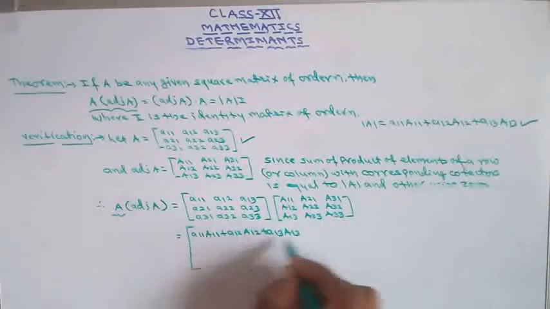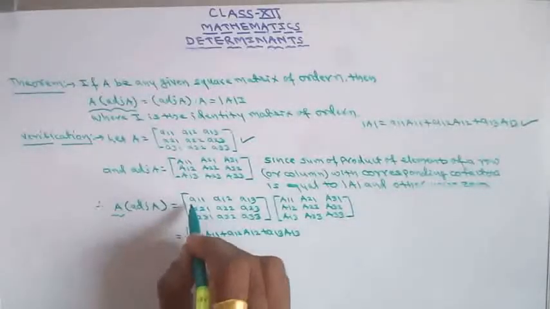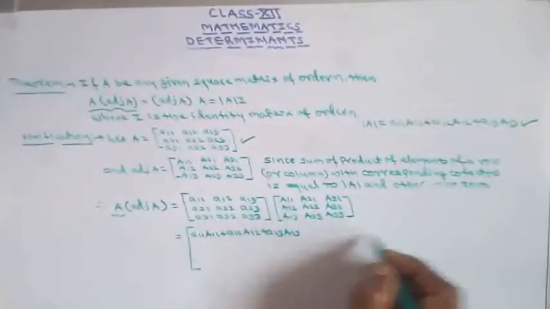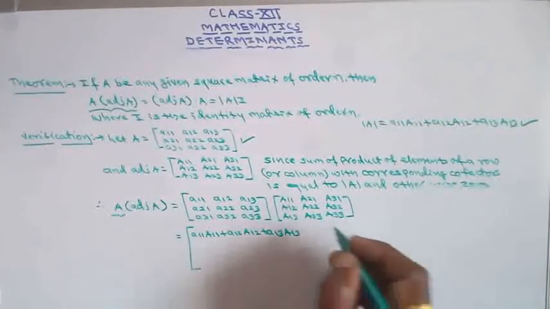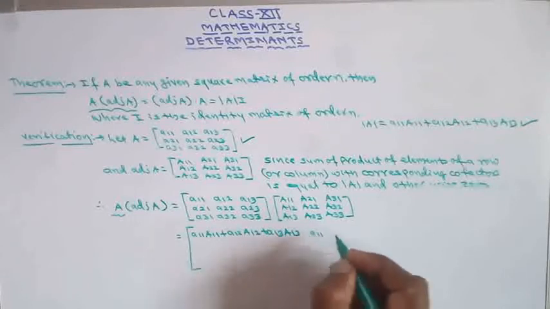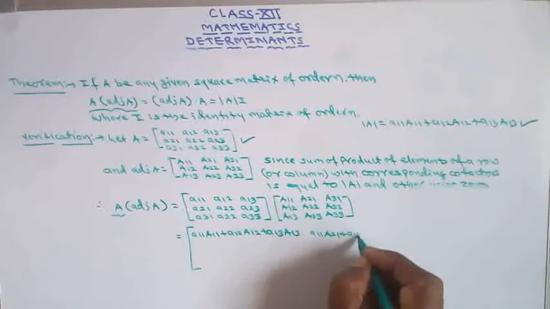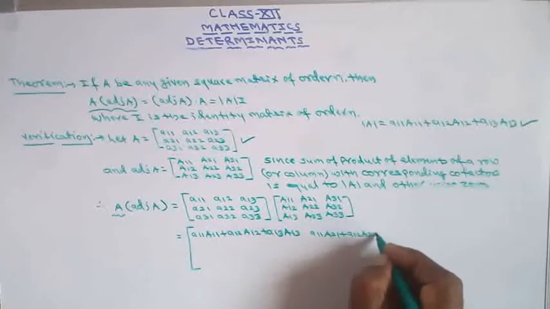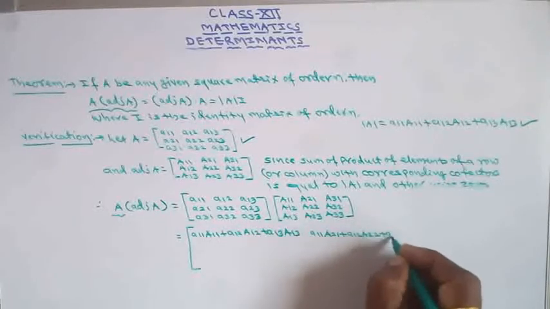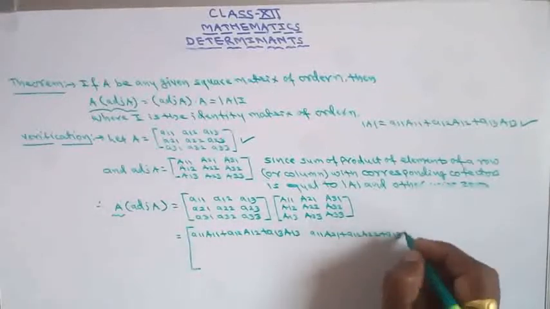This is the first element. Then first row, second column: a11 capital A21 plus a12 capital A22 plus a13 capital A23.